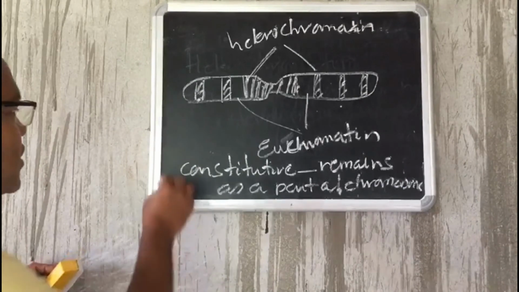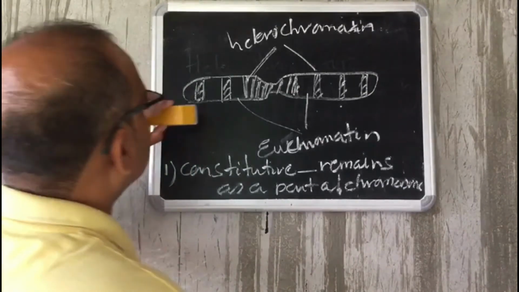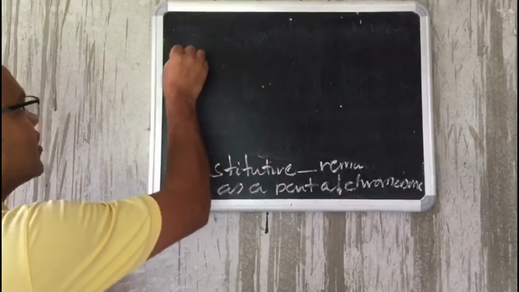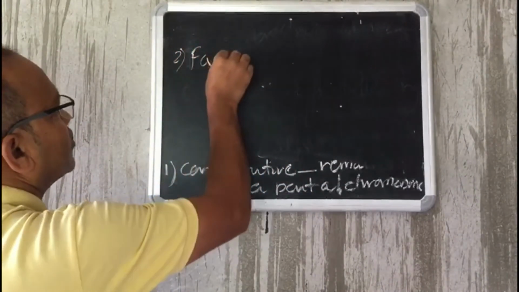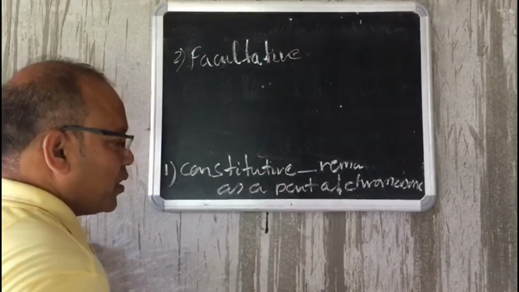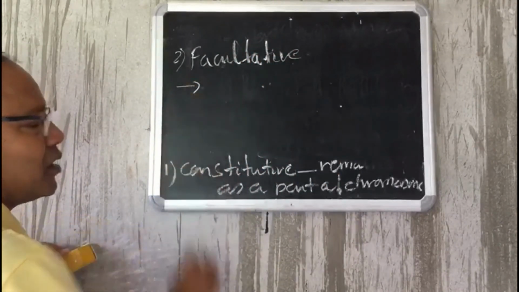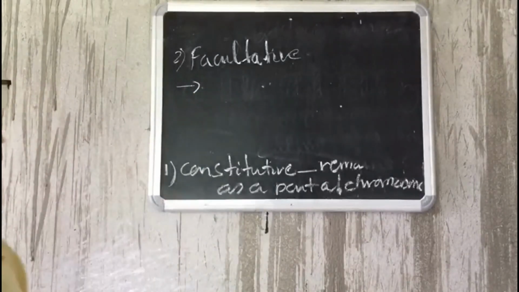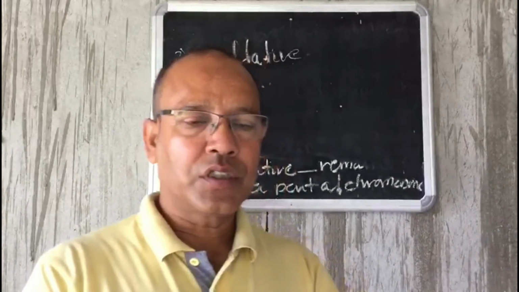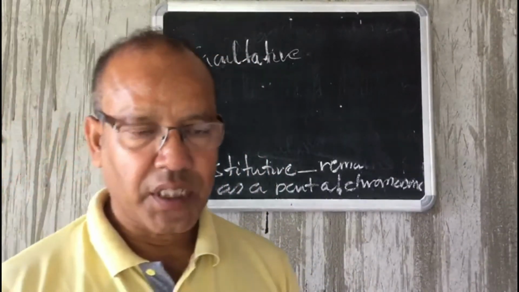Now the other, this is number one. The other is facultative type. In this case, one of the chromosomes becomes inactive. In a homologous pair, one of the chromosomes becomes inactive.